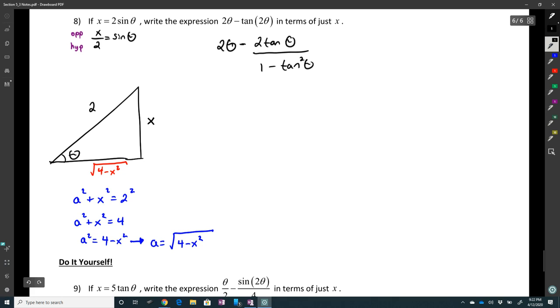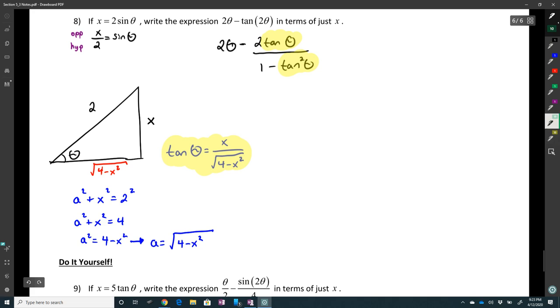So really all I need to figure out is what tangent is. So from this triangle, I know that tangent theta is opposite over adjacent. And all I got to do is get this equality and plug it into here and plug it into here.